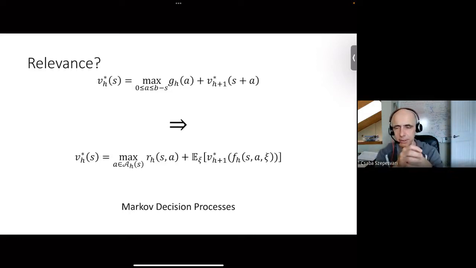You would just need to modify in very simple ways how these backups are calculated, and there you can use a simulator if you have access to one, right? You have the nodes, and in the nodes, you would simulate maybe multiple transitions for every action that you have.